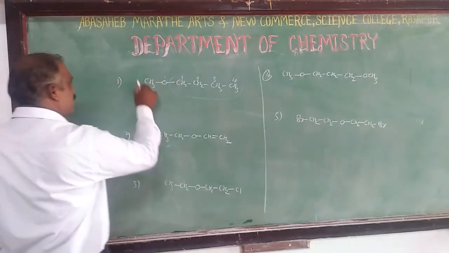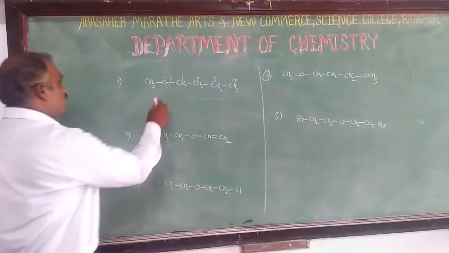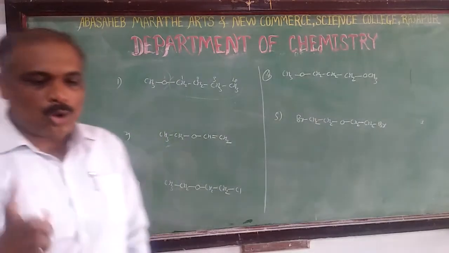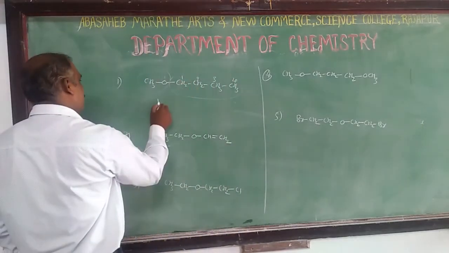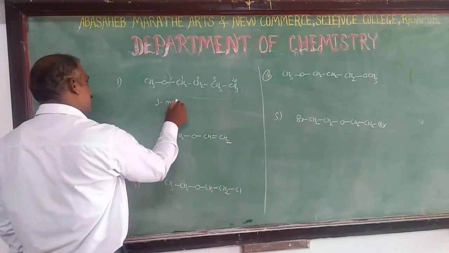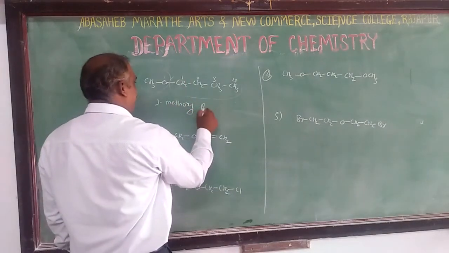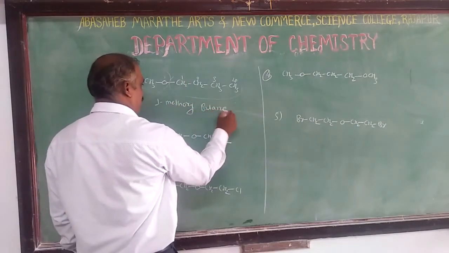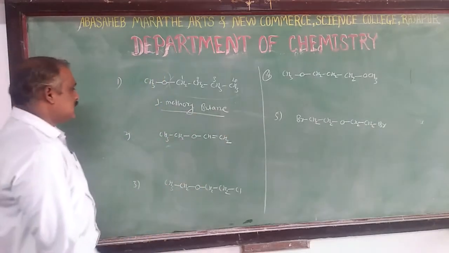And what is the substituent? Methoxy. So the name is methoxy butane, but at position 1 there will be the methoxy. 1-methoxybutane. So this is the IUPAC nomenclature for those molecules.